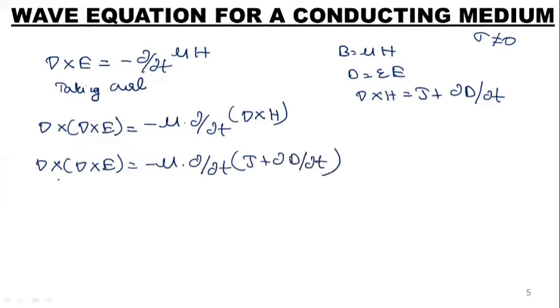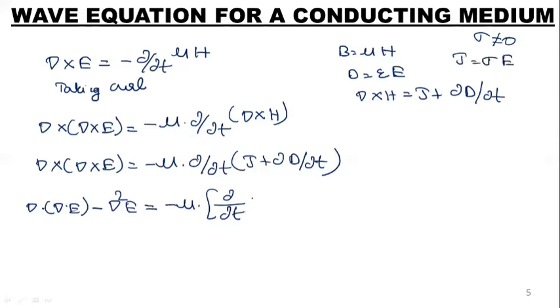Then there is a vector identity, del cross del cross E can be written as del of del dot E minus del square E, which is equal to minus mu into dou by dou T of J plus dou D by dou T. One more equation I am listing out here: J is equal to sigma E. We have studied this in networks also.